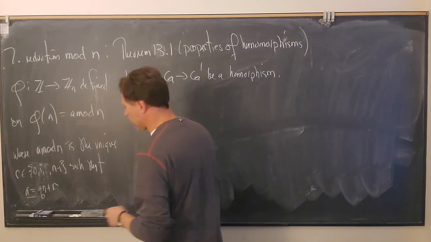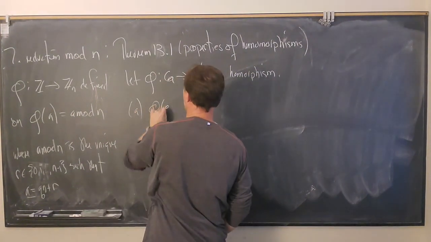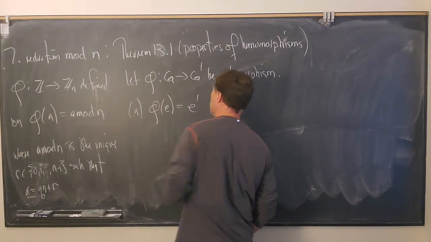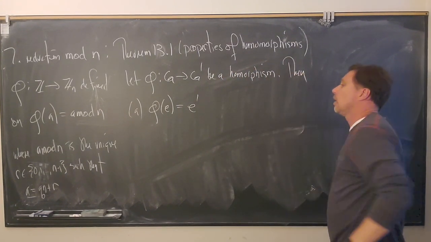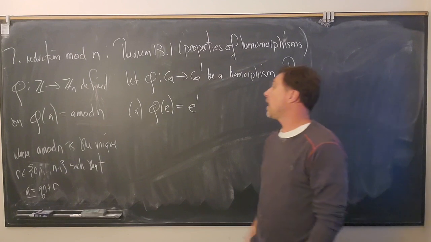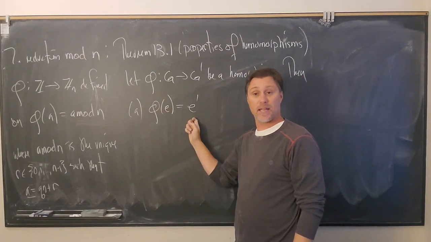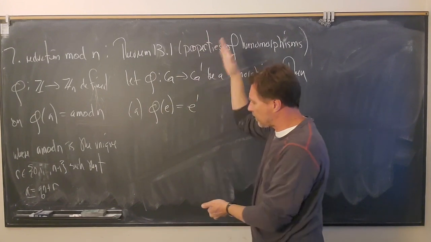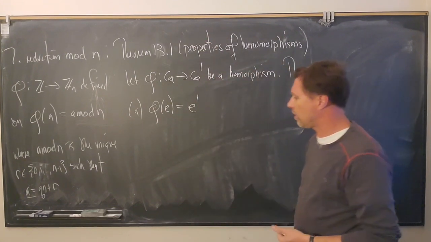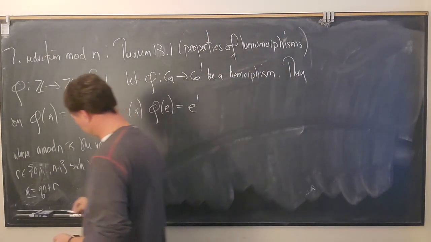So the first one, phi of E equals E prime. What does this say? A homomorphism takes the identity to the identity. We already know this one. And what I want to do is collect a bunch of properties of homomorphisms together and have them all under sort of one umbrella.